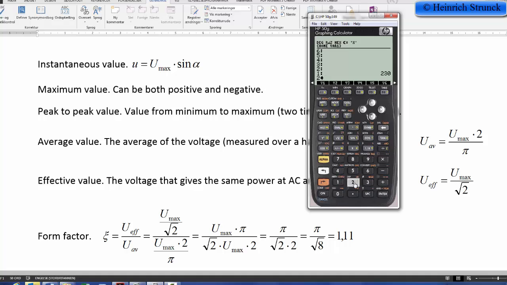So 230 multiplied by square root of 2. Then we have a maximum voltage of 325 volts. So actually in a Danish supply system we have the peak-to-peak value, that is 2 times the maximum value. So we have 650 volts from minimum to maximum in a Danish supply system.